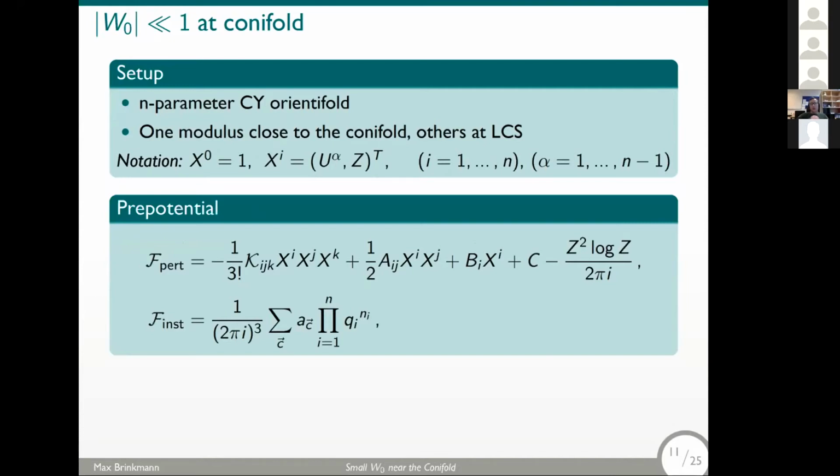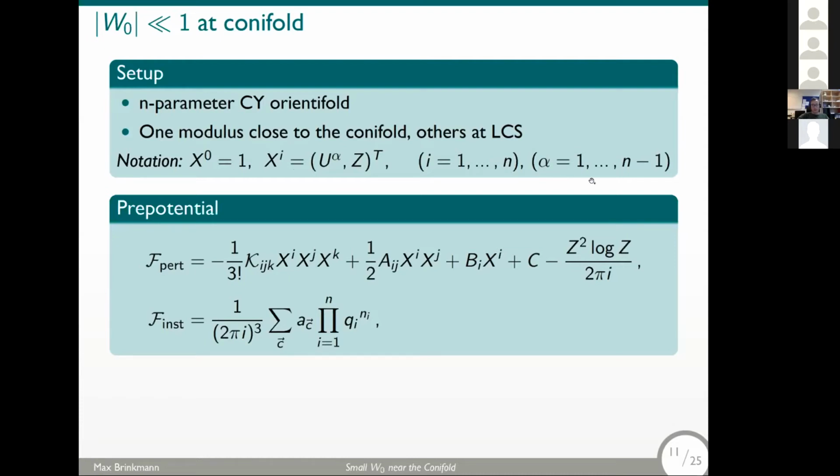The rest of the A periods are ordered as follows. First we have the large complex structure moduli, and then the last of these periods will be the conifold modulus. So note that the I and the alphas run over different numbers.